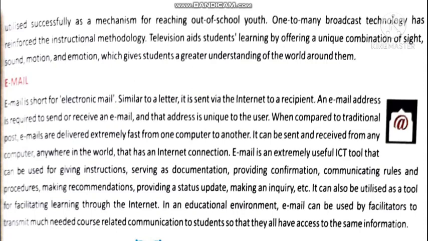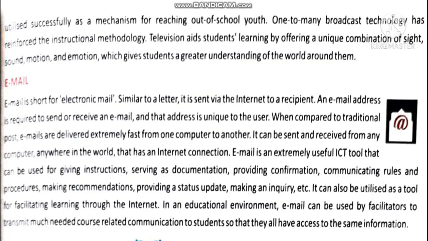When compared to a traditional post, emails are delivered extremely fast from one computer to another. And you know, the person who will receive this email is not getting disturbed by it. They can have notifications if they have switched it on, but people are not getting disturbed when one email has come.